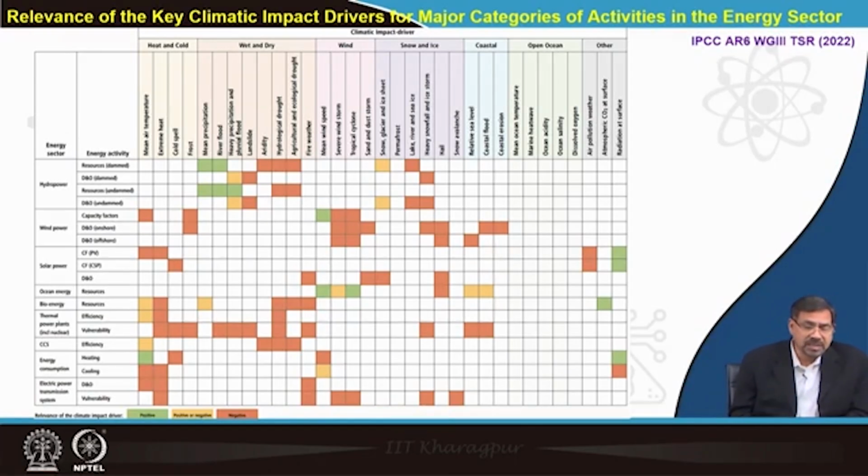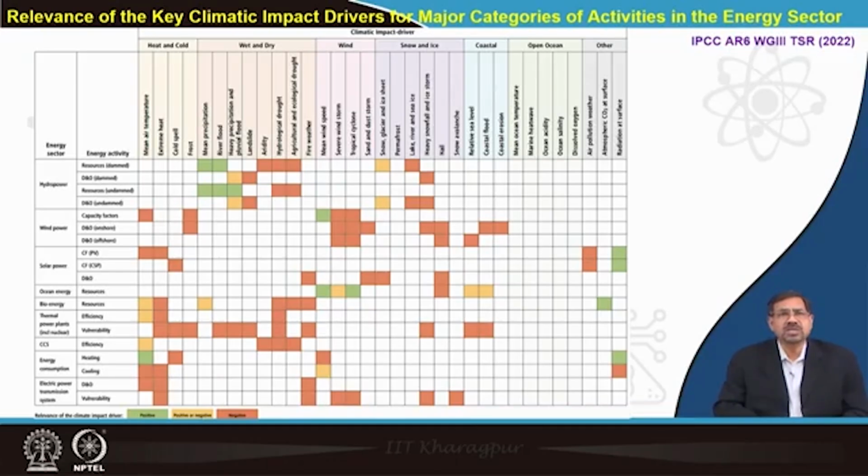There are activities in terms of resources damped and resources undamped, and R&D. So, let us see in terms of the characteristics. We have hot and cold, wet and dry, wind, snow and ice, coastal, open access and others. These are the various climate related impacts as far as the alternate energy sources are concerned.